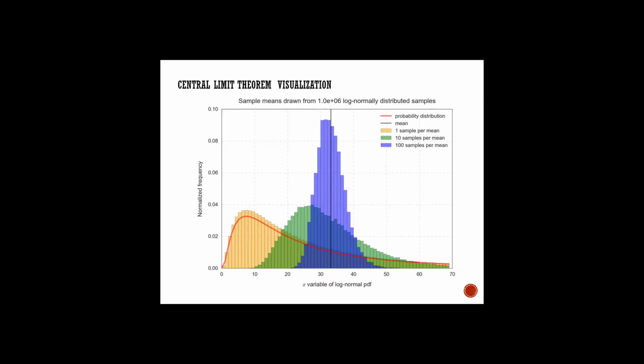It has a right skew to it. But the larger sample that we pull, in other words, if I pull 10 samples, for example, it's bringing the data closer and closer to what the actual mean is. It's bringing it back toward the center of the curve. And by the time I've pulled 100 samples, I basically have a normally distributed sample distribution. And that's what I want.